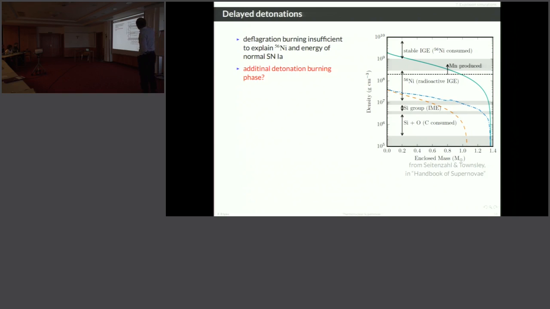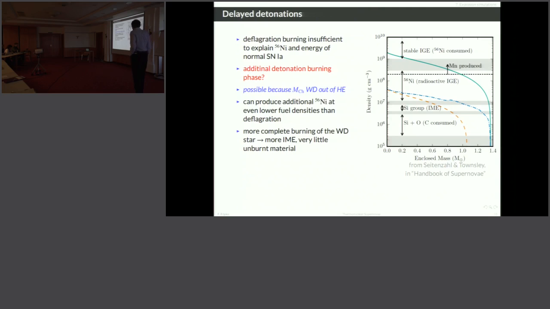And you see that the density is significantly lower, the white dwarf has expanded substantially, and then actually a detonation would produce intermediate mass elements and not only iron group elements. So that's the basic idea behind delayed detonation: you pre-expand the star in a deflagration phase, and then you can have a detonation that burns out the rest very efficiently.